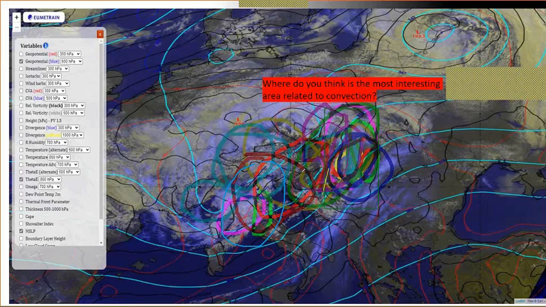And divergence in the upper atmosphere means convergence in the lower atmosphere. So that's also basic information to find the areas with upward motion. But again, this is only a rough estimate.